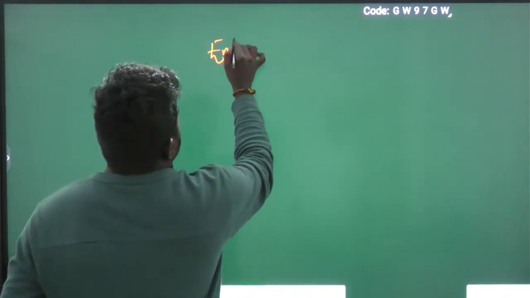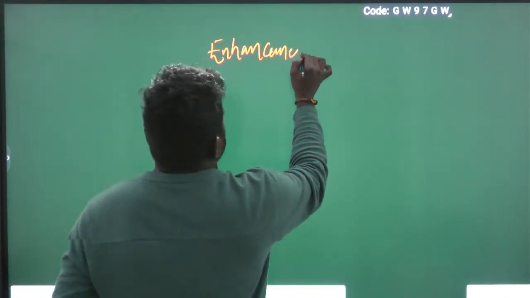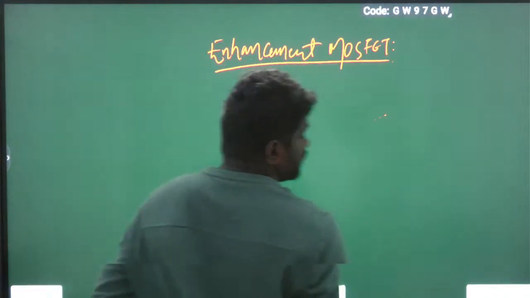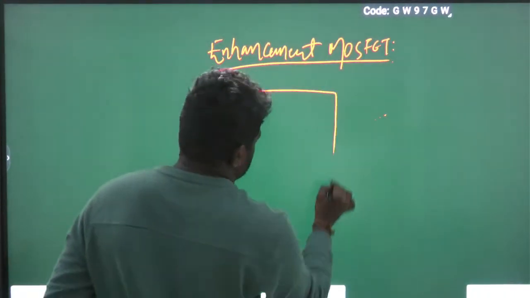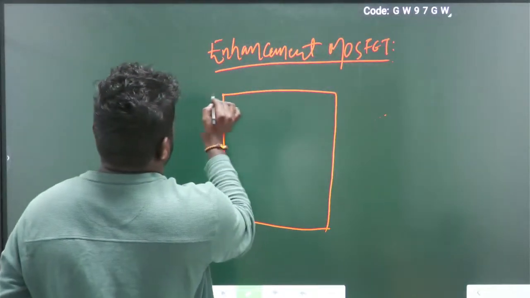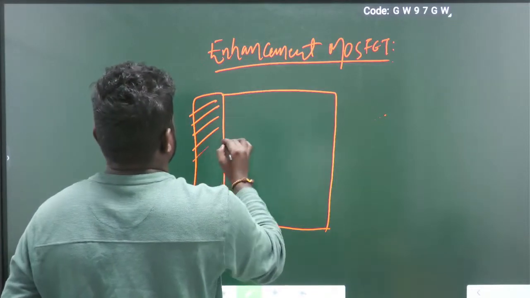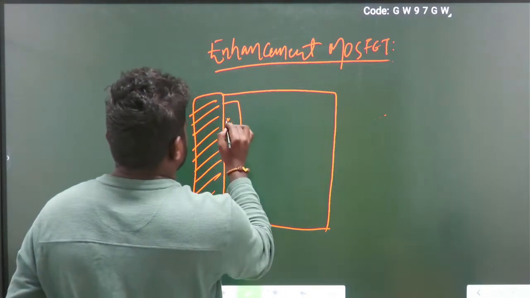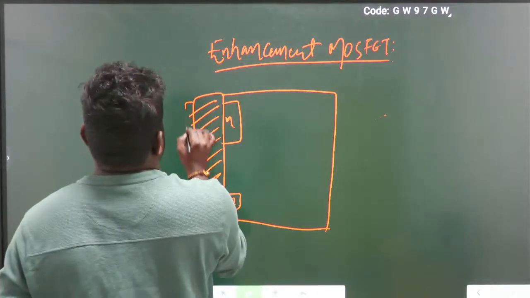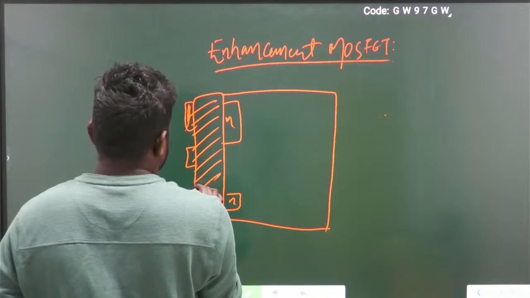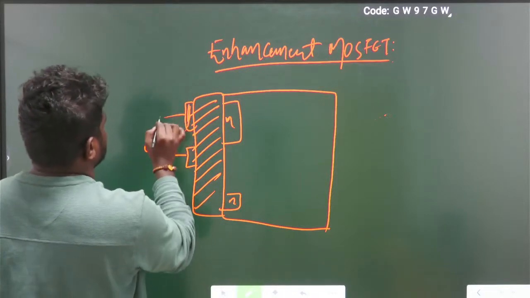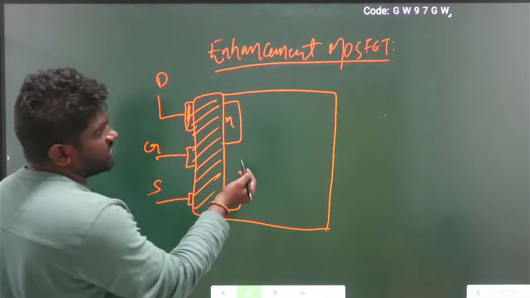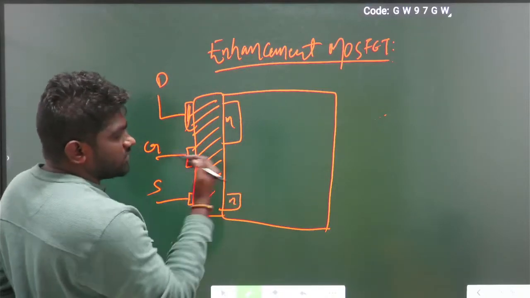Next one, enhancement MOSFET. Now see, the major difference between enhancement and D-MOSFET is that the channel is absent here.